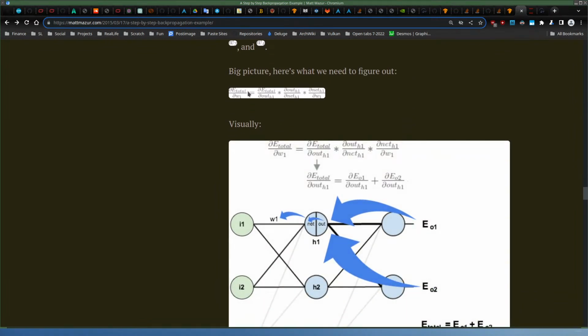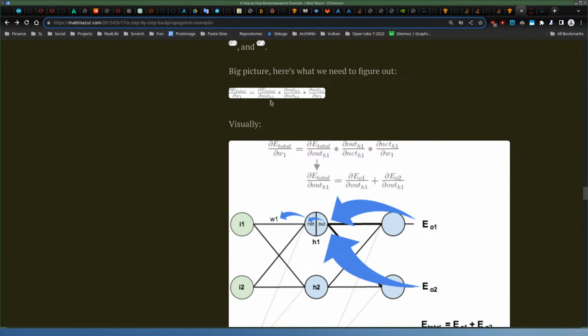The derivative of the loss function relative to W1 now, which can be written as... okay, this is H1 out and net.